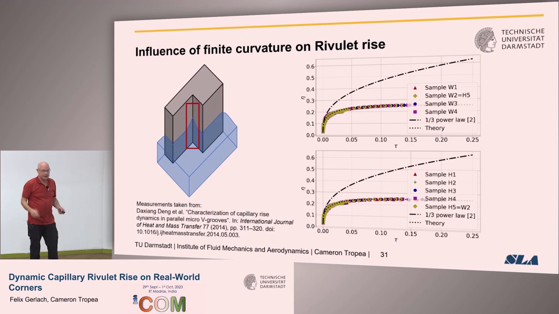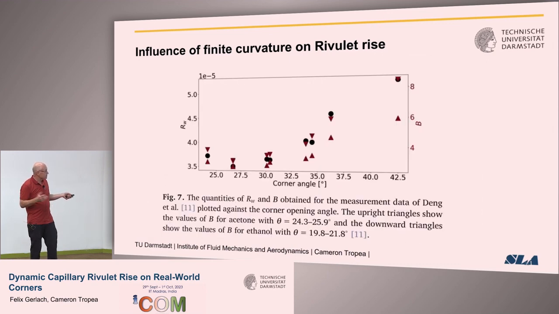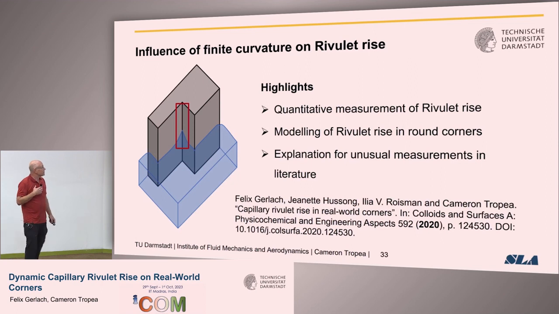So it turns out that everything fits well together. This is from their data, their radius of curvature and the corner angle that they used. They had different corner angles. So we can retroactively find out what experiment they were really doing, the boundary conditions of their experiment. And that's my highlights of that part.